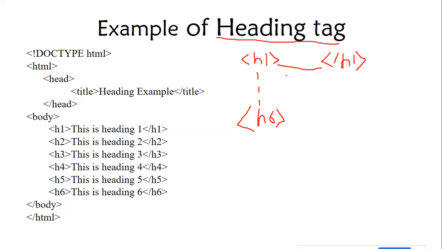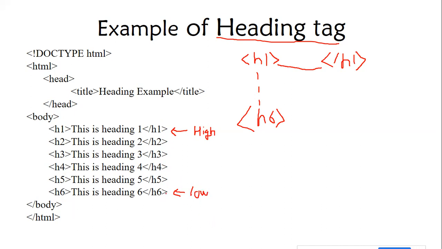H1 is the highest level. This means the H1 heading font size, compared to the others, is the largest, and the smallest of all the tags is H6, the lowest level.